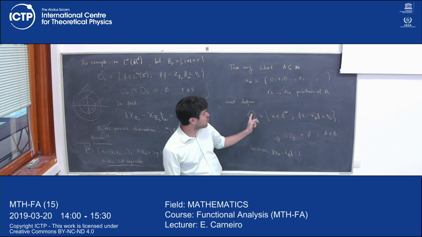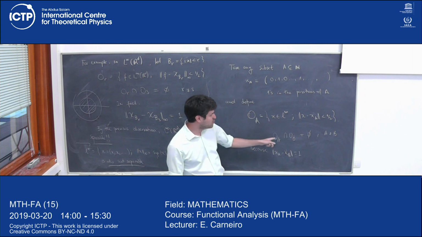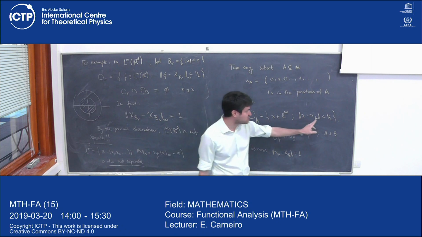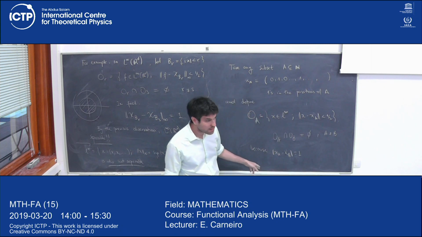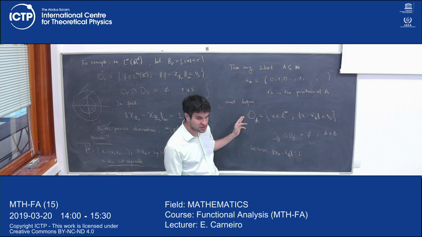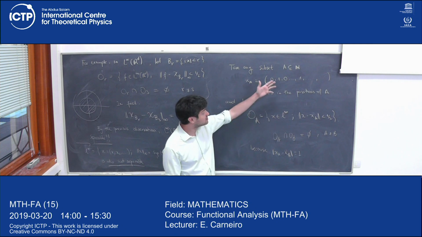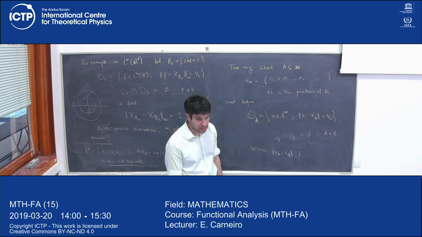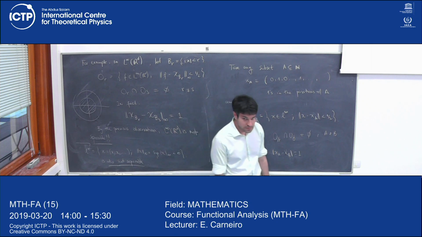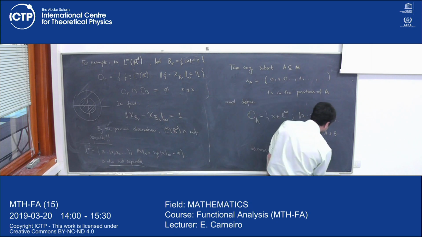So the sets OA and OB cannot have a common element because this would violate the triangle inequality. Okay, so this is a family of disjoint open sets, and it's obviously uncountable because the cardinality of this family is the total number of subsets of the natural numbers, which we know is uncountable. Okay? Good.